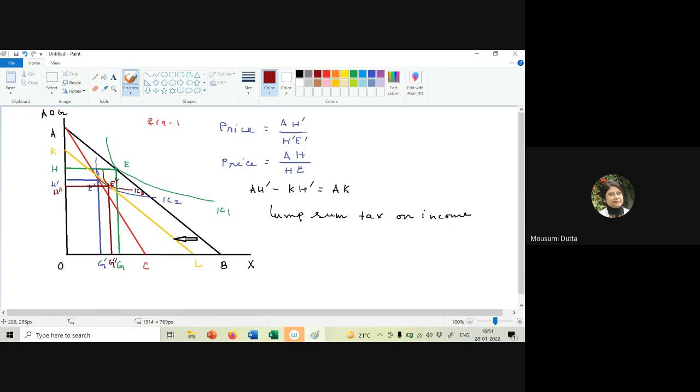If AK is the amount of lump sum tax, same tax revenue, the price of X is not affected, because KL and AB are parallel to each other. So the price of X is not affected.